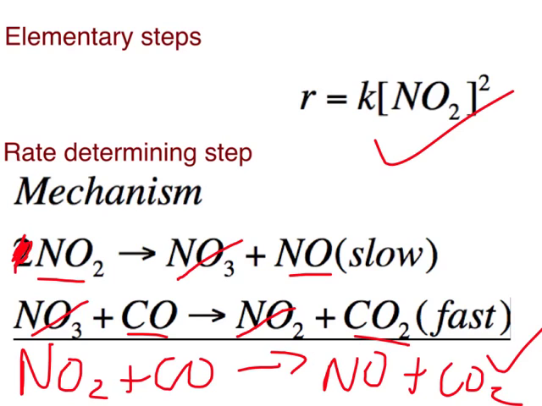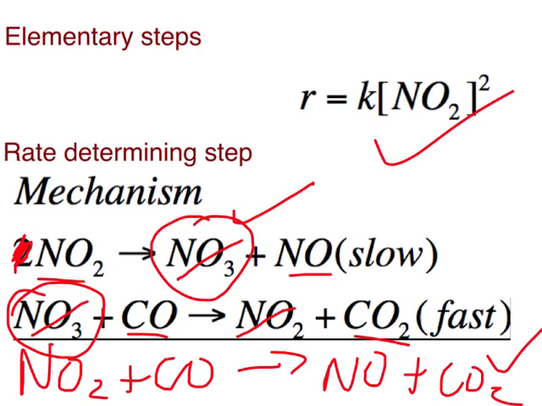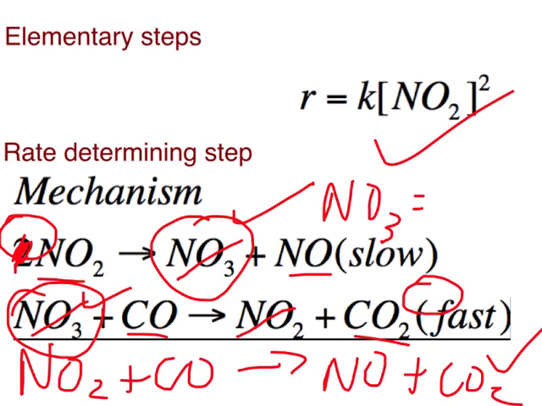One other thing, this guy here that got canceled out, see how he was formed in one step and then used up in another? That makes this, NO3, what's known as an intermediate. Okay? Now, one other thing that you have to be able to identify in these reactions is a catalyst. A catalyst will start at the beginning of one elementary step and then be reformed in another.